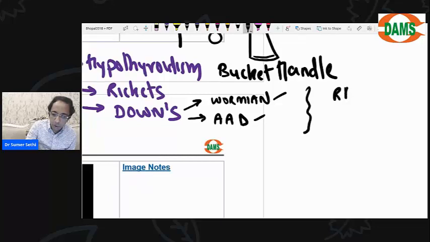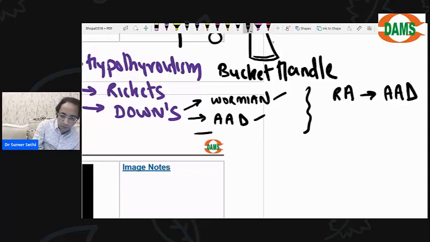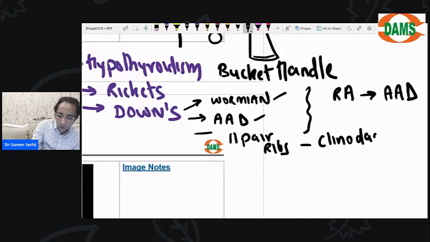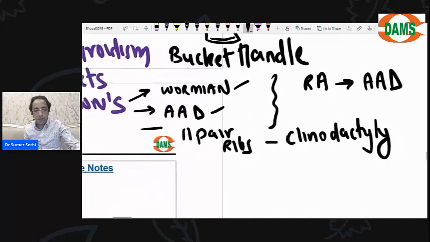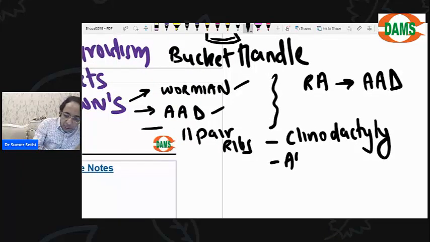Remember, even in rheumatoid arthritis you have atlantoaxial dislocation because of inflammation. Also remember, in Down syndrome you have 11 pairs of ribs, and a finger deformity called clinodactyly. In Down syndrome, you have absent nasal bones as well.